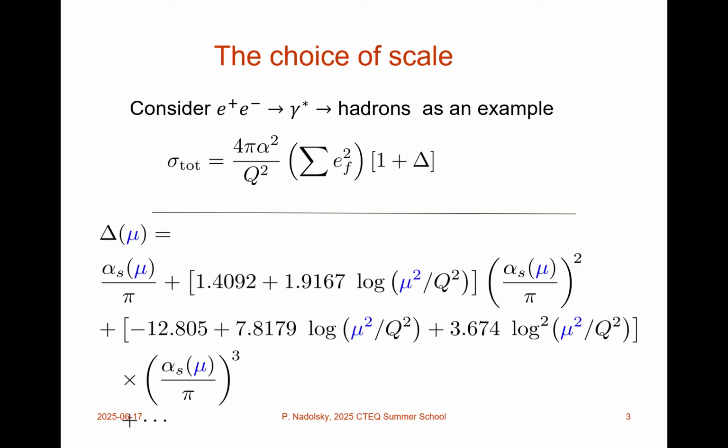Why do we want to do that? Based on this pattern of the logs, we will try to guess the missing high order corrections. Maybe there is something in this pattern of the logs that tells us how these high order corrections behave, and maybe we will select the choice of mu that minimizes the missing high order correction.